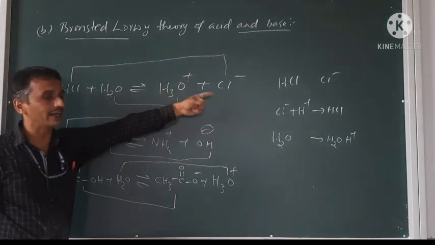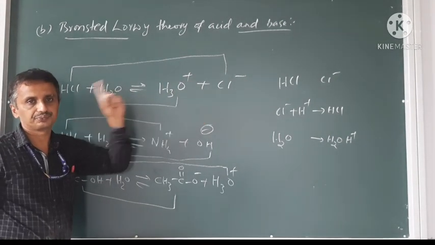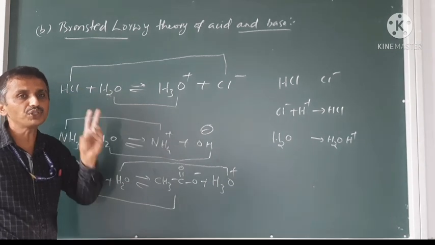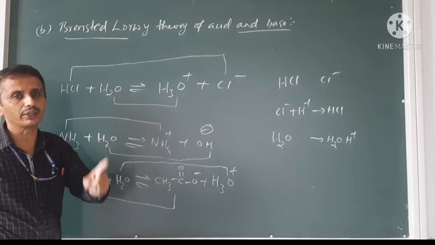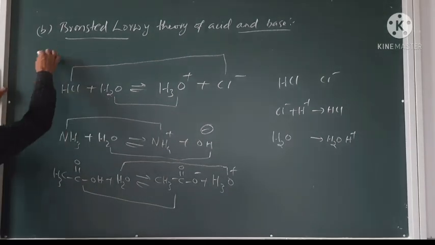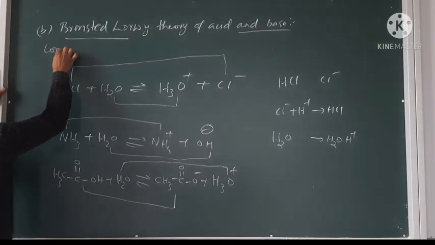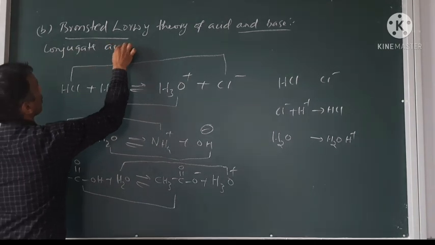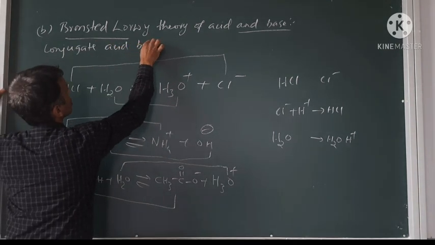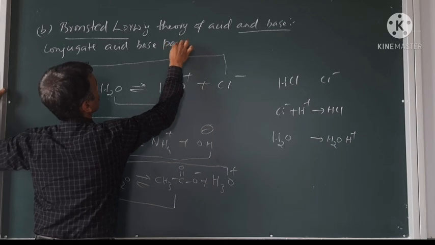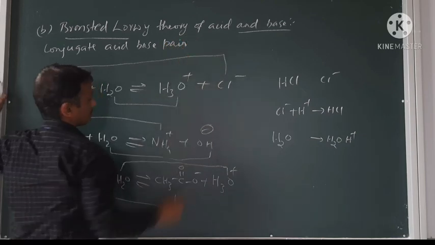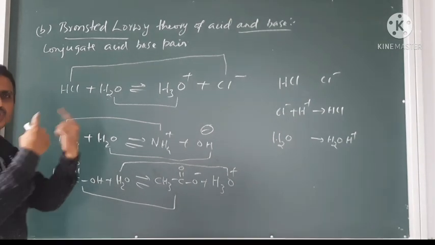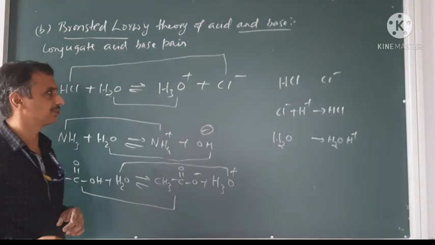See, such pairs, two in number, which differ by a proton, are called a conjugate acid base pair. A pair of an acid and a base which differ by a proton.